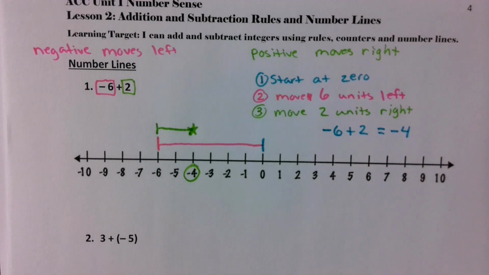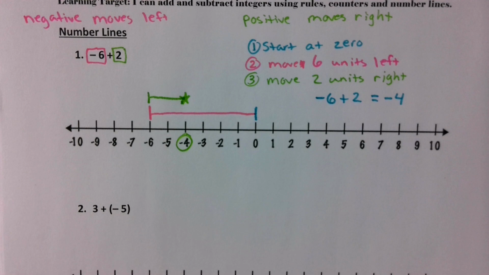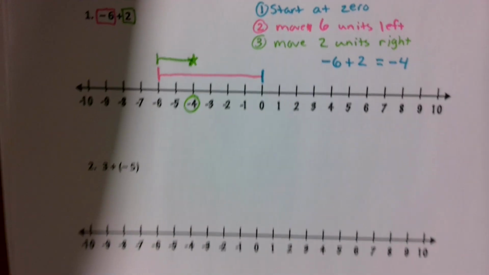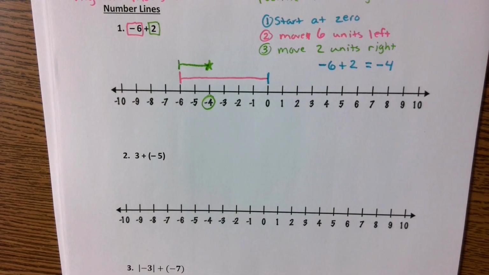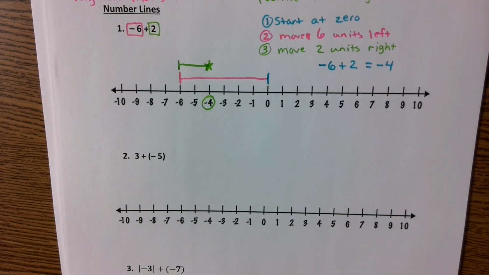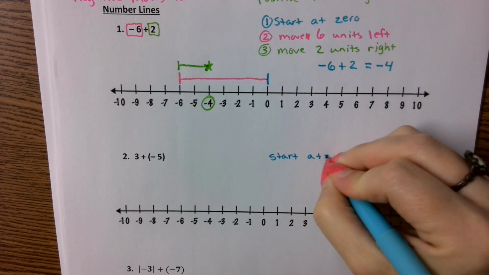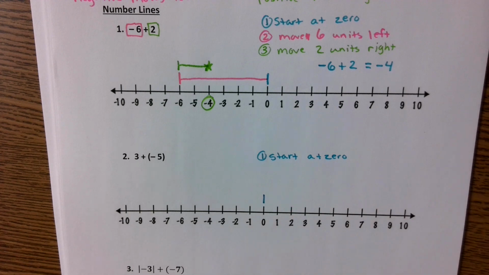We're going to do one more together real quickly, and then I want to let you have time to work on your assignments for today. Okay, we've got 3 plus a negative 5. Again, where am I always going to start? 0. We're always going to start at 0. That's our first step, so we're drawing a nice line at 0. Step number 2.